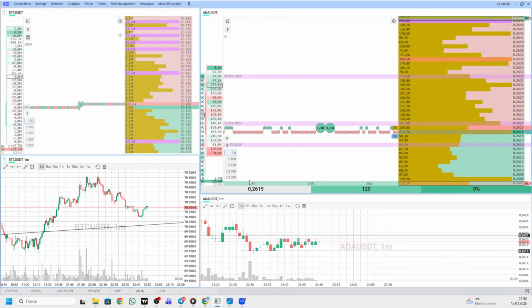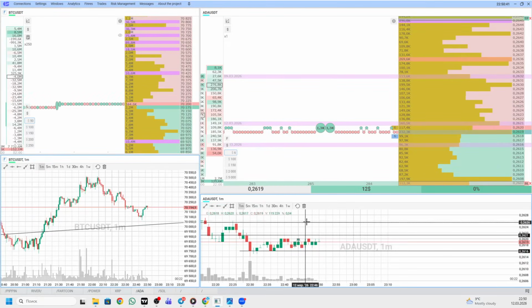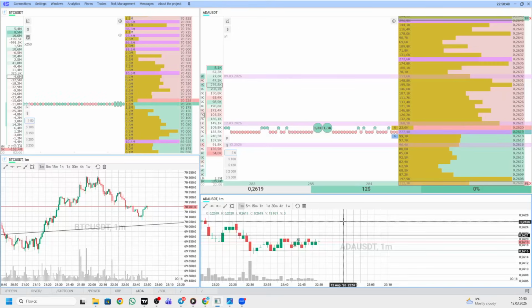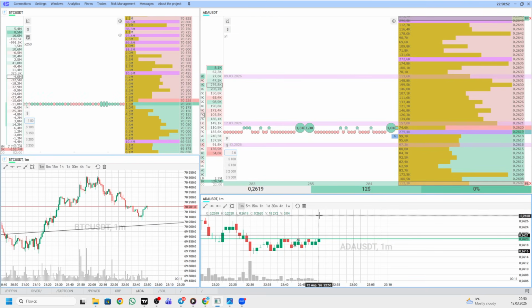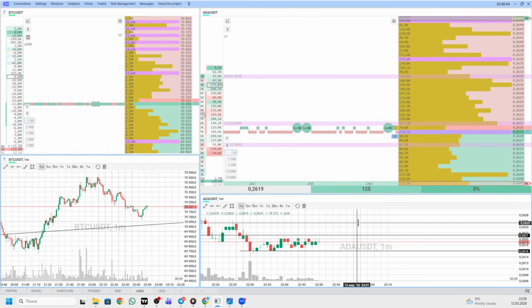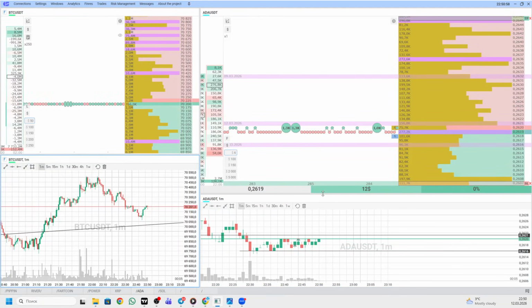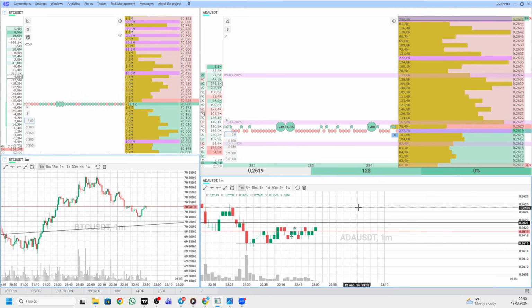Because we need to watch the correlation with Bitcoin. If Bitcoin goes up, the asset often goes up too. If Bitcoin goes down, the asset often goes down. That's correlation. And yes, of course, there are assets which are decorrelated with Bitcoin, but that's another story. That's completely another story.